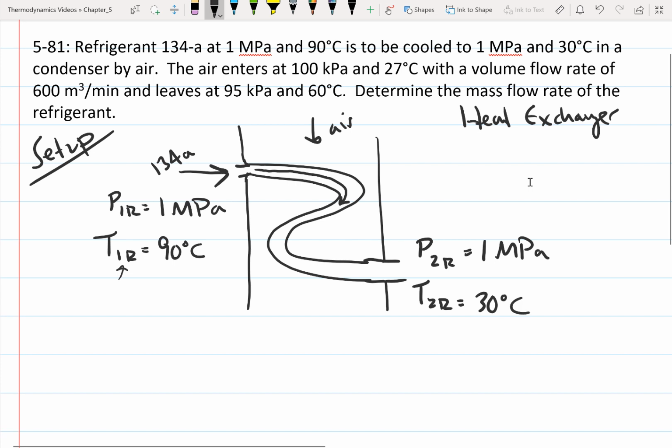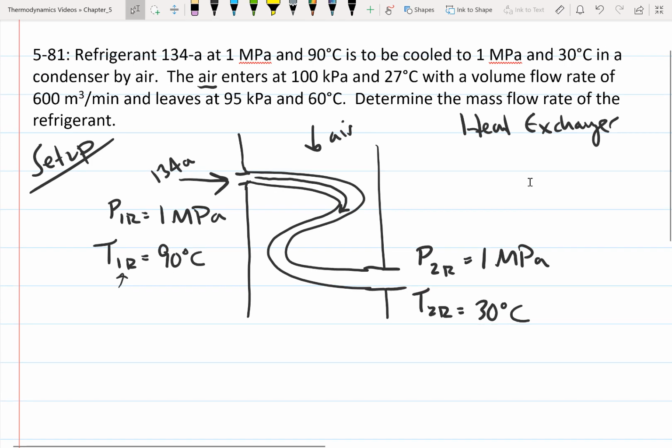Okay, and then it says the air enters at 100 kilopascals, so we have the air, and I'm just going to call this P1 air, so I'm using consistent terminology.